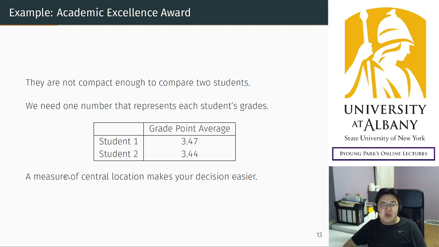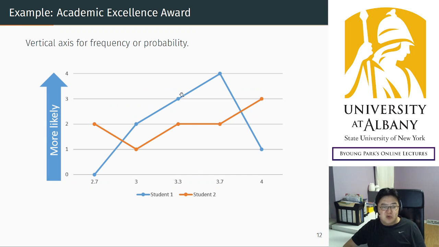So in general, we call such a measure a measure of central location. What we are interested in is the location of the center, right? So the orange, the second student, has a center around here, but blue has a center a little bit to the right. So the center is measured by the average, but it doesn't need to be the average, right?